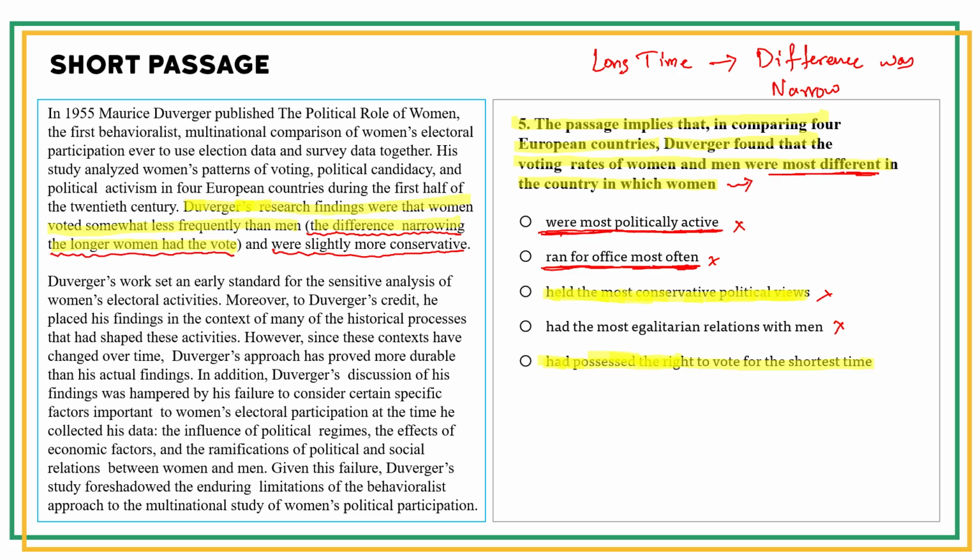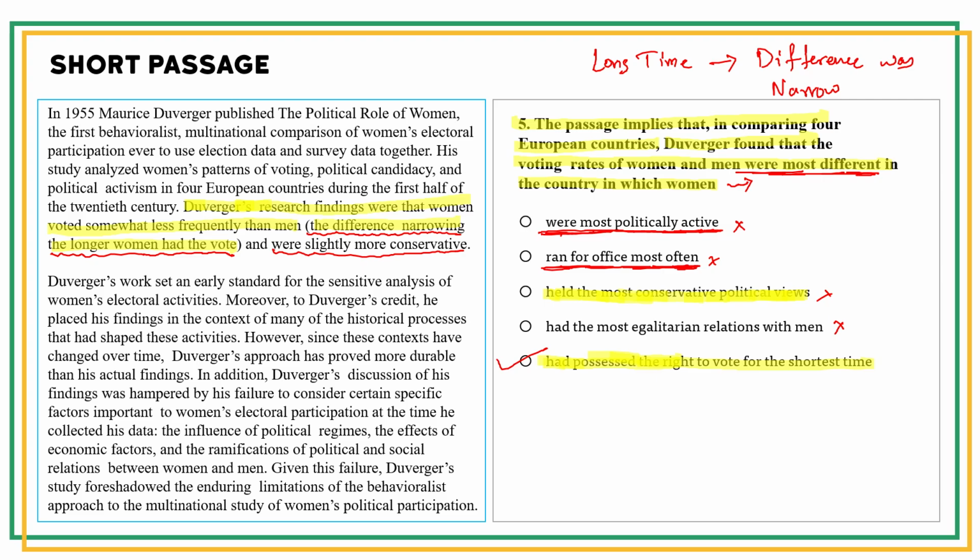So, in a place where women just got the right to vote, the difference would be the most significant. It would be the biggest, right? So if they had possessed the right to vote for the shortest time, the voting rates of women and men would be the most different, right?